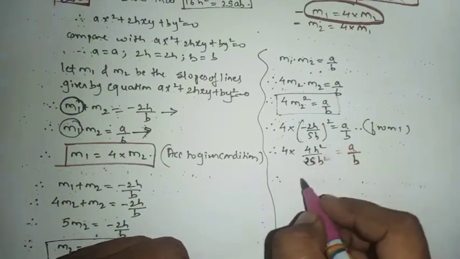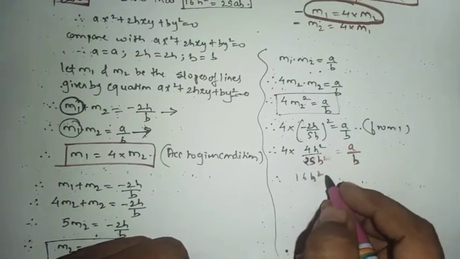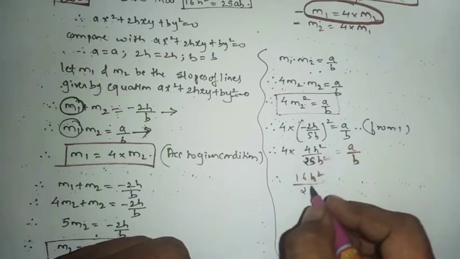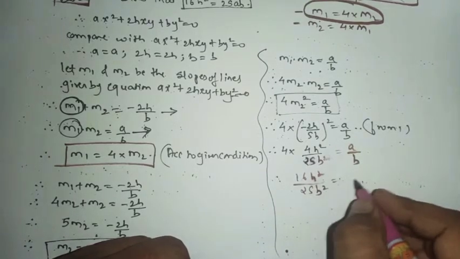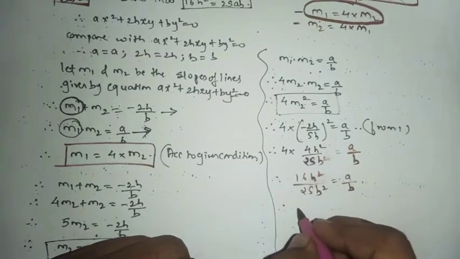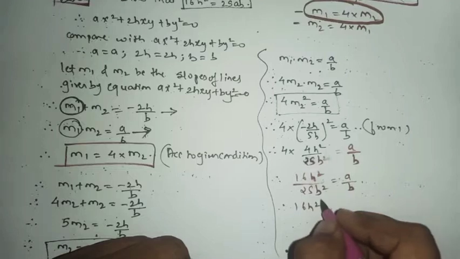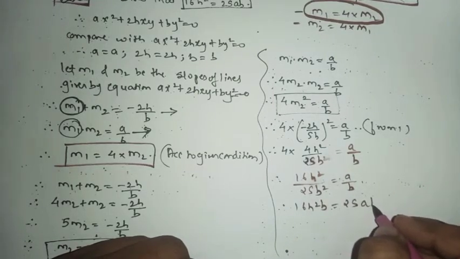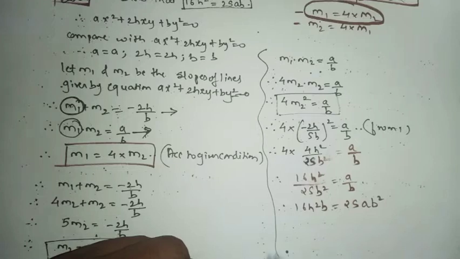So this 4 side will be 16h square upon 25b square equals ab cross. So you will get 16h square b equals 25a b square.